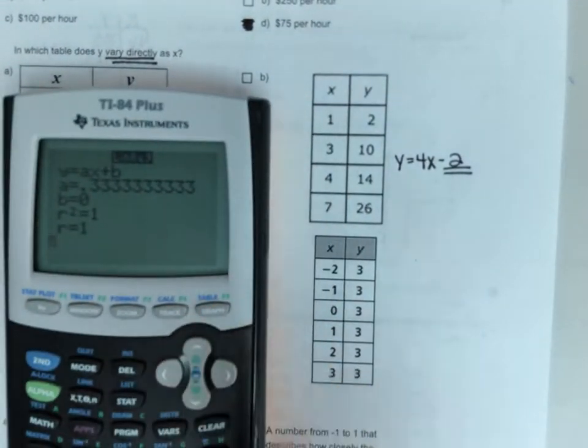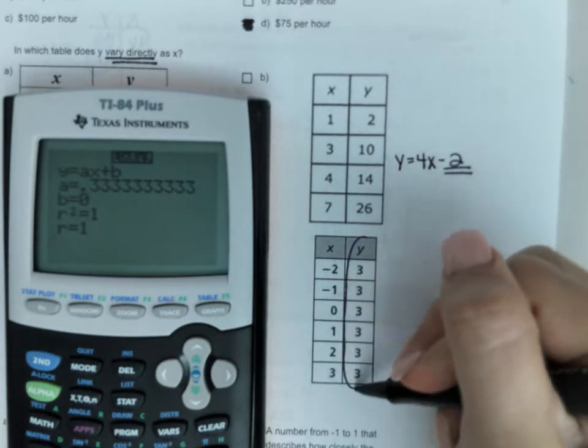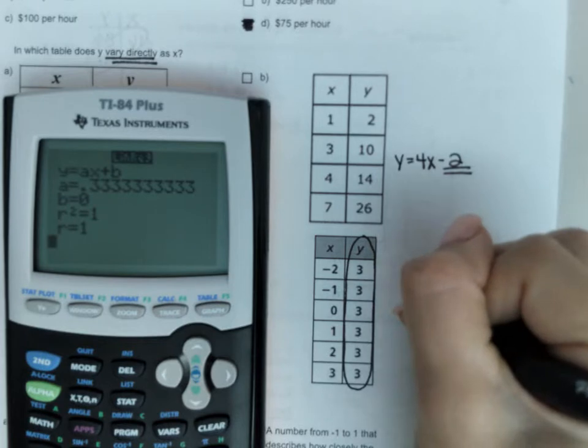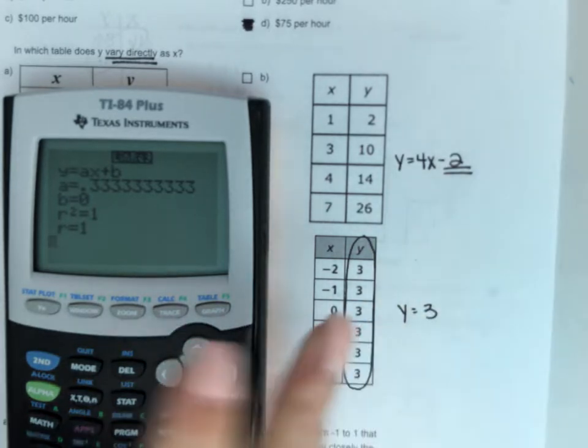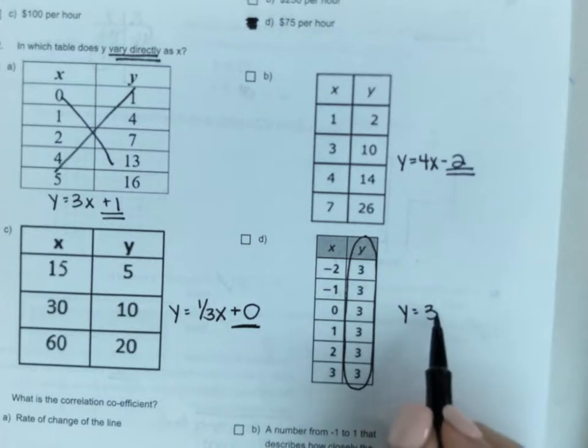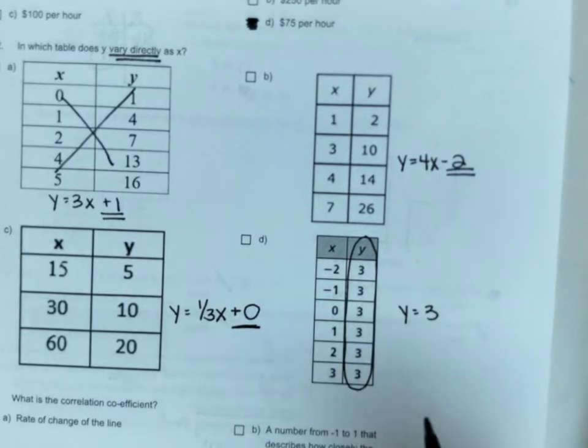If we just wanted to check for that last one, oh my goodness, look what you see here. All of those y values equal 3. Your equation is just y equals 3. This does not go through the origin. Yes, there is a 0, but it's for the slope. The slope is 0.